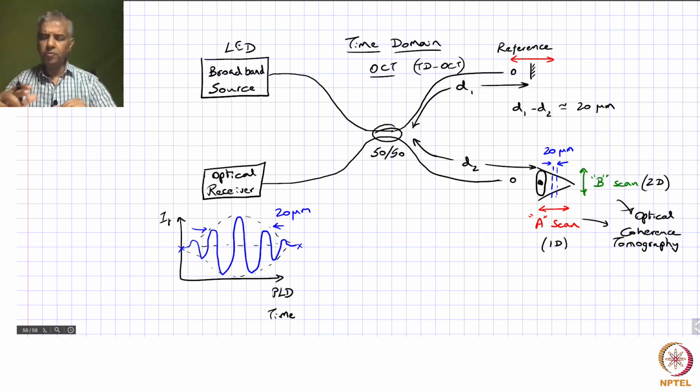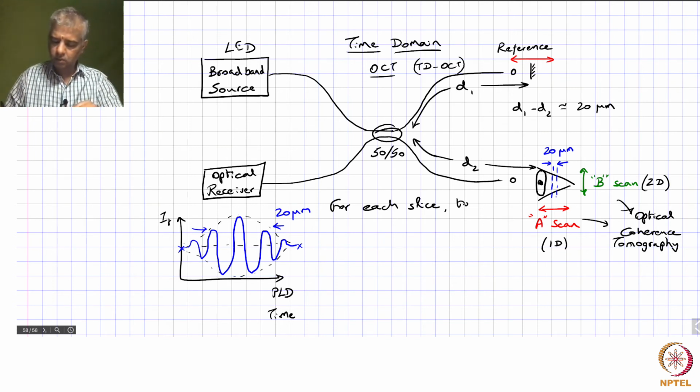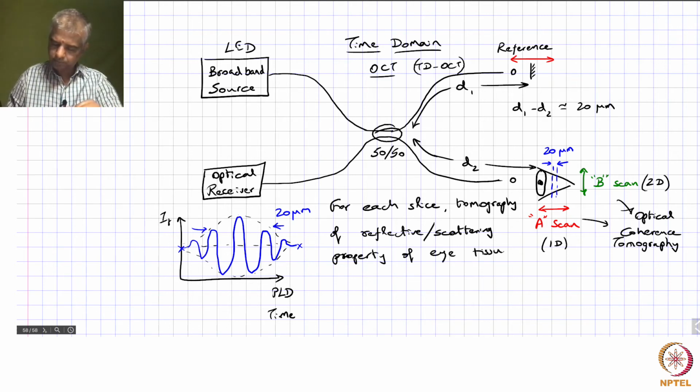Before we look into that, I do want to make sure you understand that what we are essentially achieving here, for each slice that we are doing, is a tomography of the reflective or scattering property of the eye tissue, right.